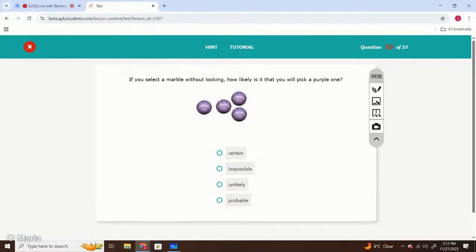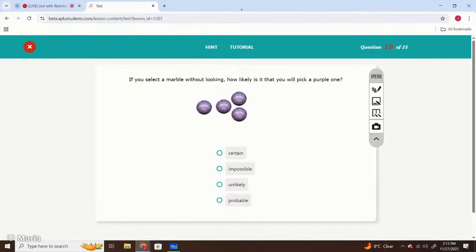If you select a marble without looking, how likely is it that you will pick a purple one?